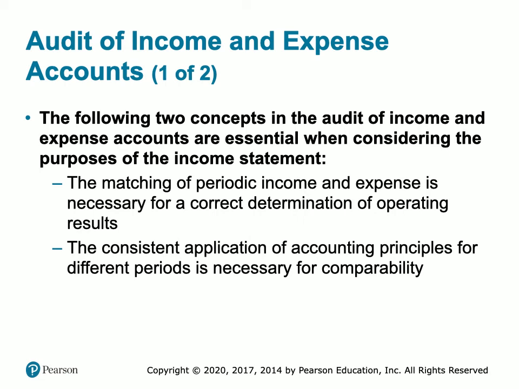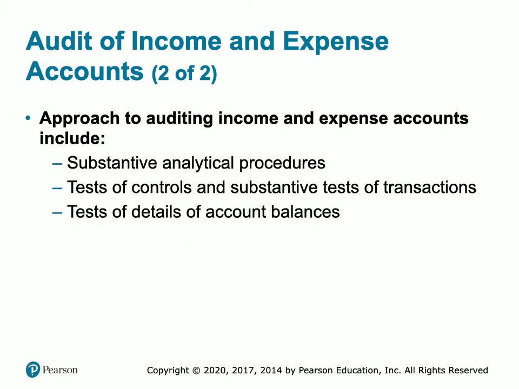So you could have a ratio that's out of whack, and that would tell the client, hey, we've got to adjust our commission plan because some people are getting it all. Or we've got to look at our sales force and see why some people are effective and others are not, right? Most of this is going to be substantive analytical procedures, but you can do test of details and test of controls in some cases, mostly payroll and commissions, right?